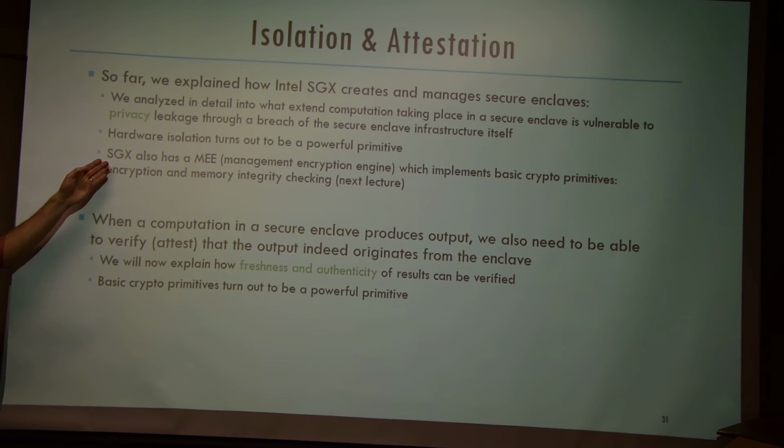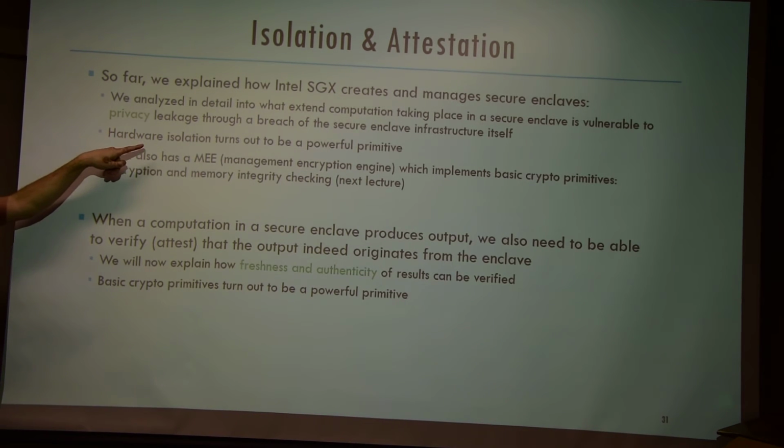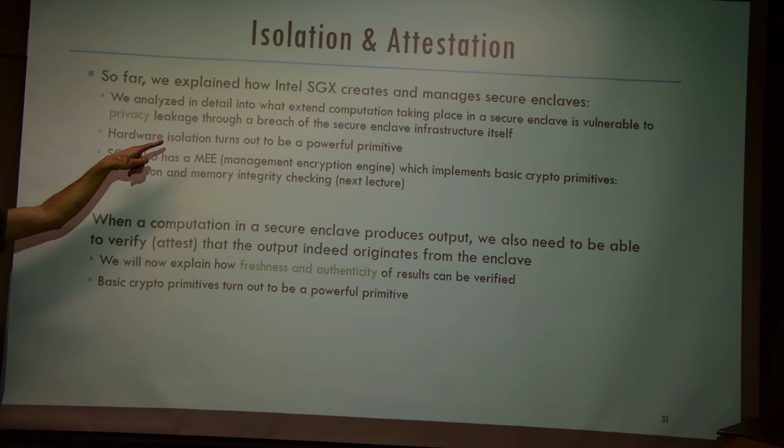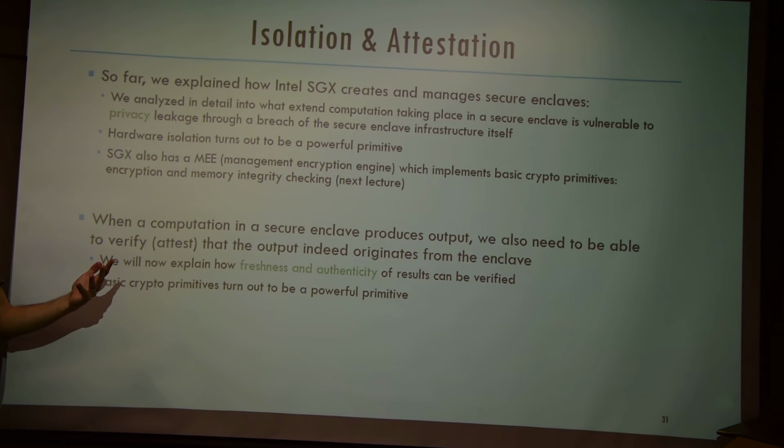So the beautiful thing, the conclusion I would say, is that we use hardware for what hardware is good at, which is hardware isolation, and that brings security. And we use crypto for what crypto is good at, which is simple encryption, simple hash functions and stuff like that, that have been well studied and demonstrated to lead to believable trust assumptions, like computational hardness assumptions that we think are really hard.